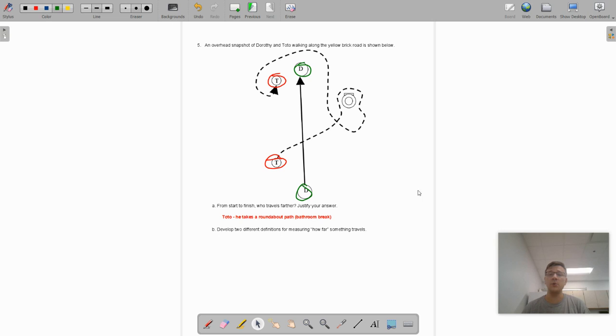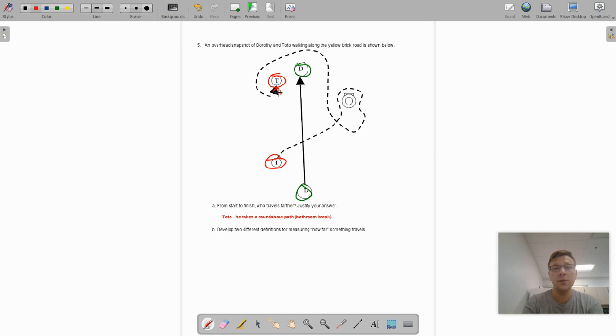Now I would ask you though, which one has a greater displacement, right? Greater displacement, or who has the least displacement? Like if I ask that question. So Dorothy has a larger displacement than Toto, even though Toto covers a greater distance, because the line that's drawn for Dorothy is already the displacement, the straight line distance between starting and ending position.